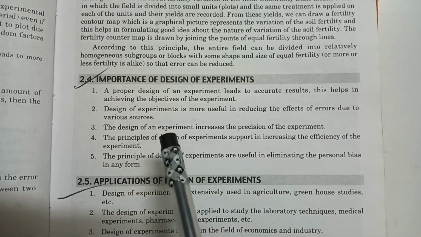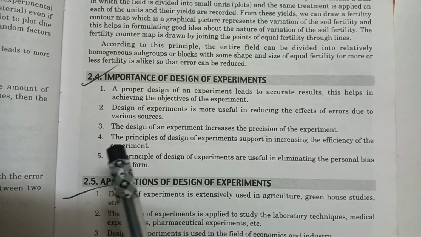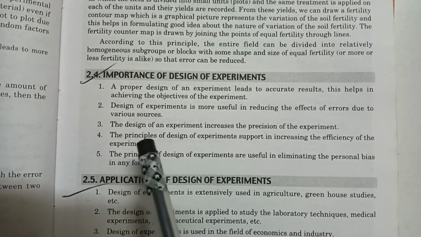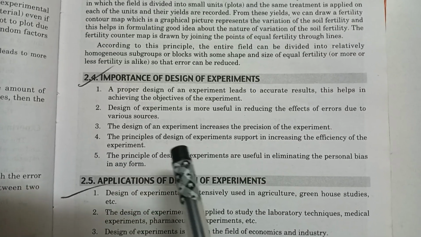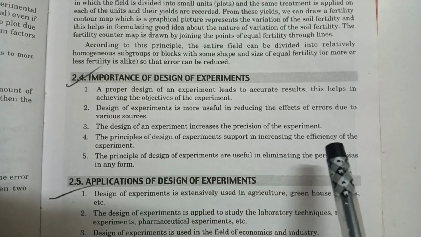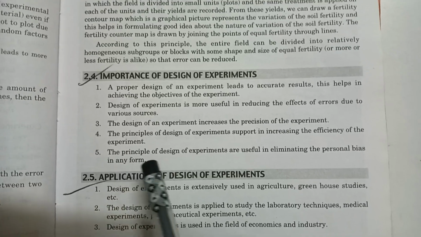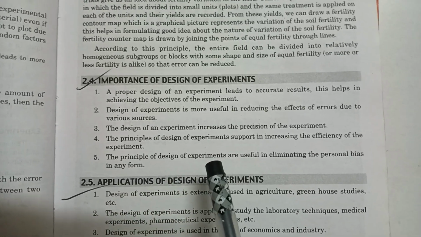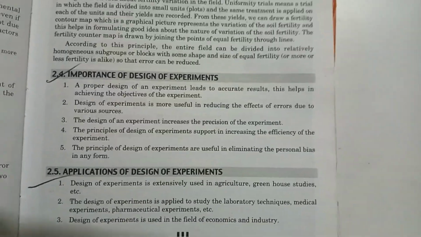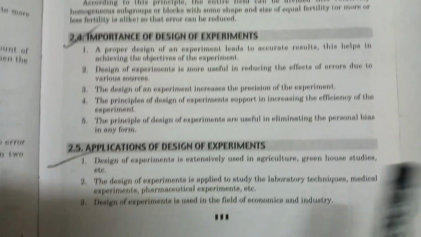The design of experiment increases the precision of the experiment, so it is going to give you more accurate values. Next, the principles of design of experiment support in increasing the efficiency of the experiment. Next, the principles of design of experiments are useful in eliminating the personal bias of any form.